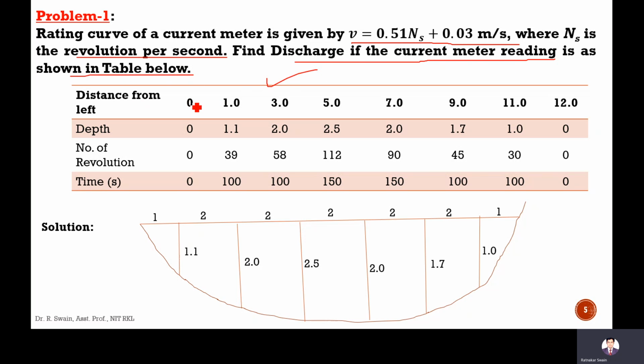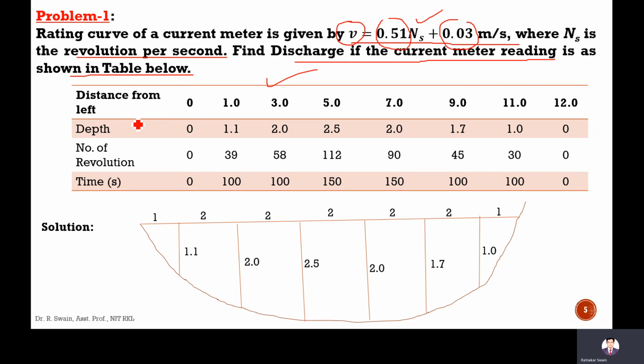As I told in the last class, the velocity is measured using a current meter, and the velocity has a linear relationship with the number of revolutions per second. This is V = a ns + b that we discussed. Here a is 0.51 and b is 0.03.